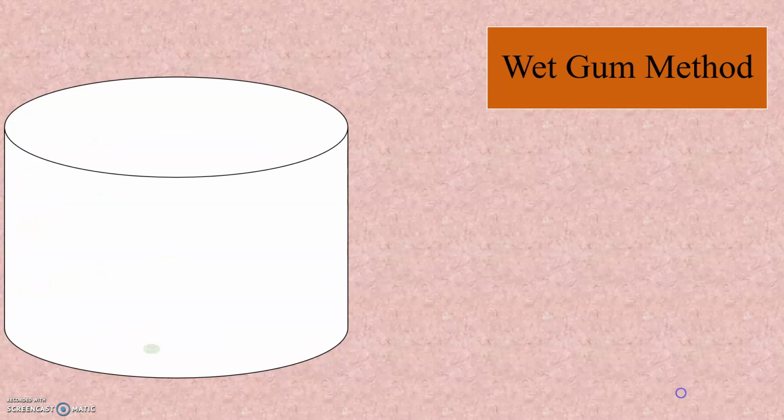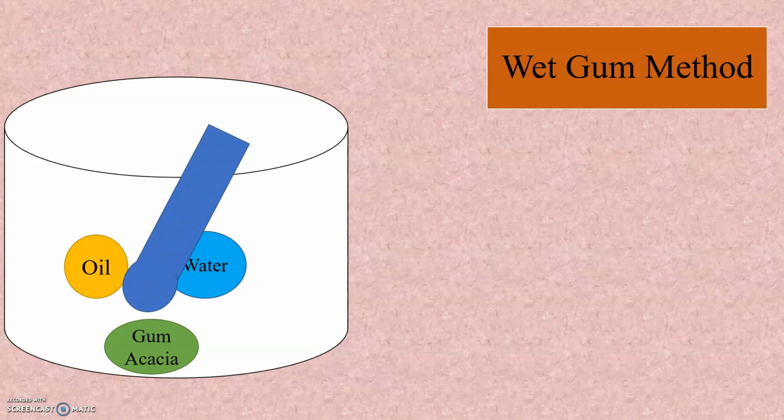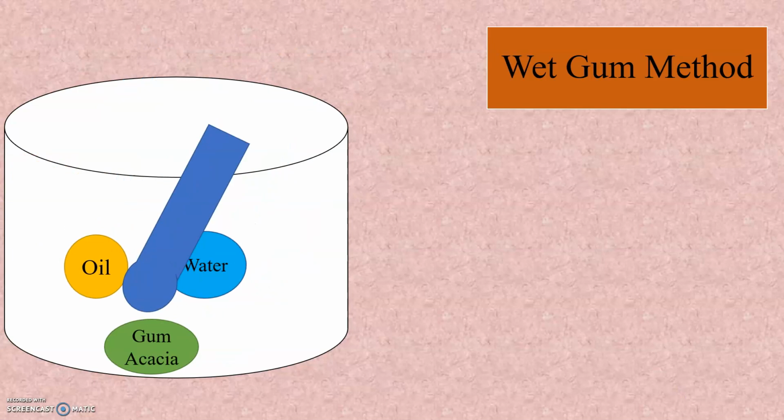Now let us see the wet gum method. As we have seen in the procedure, take a dry mortar, in that add gum acacia and water, triturate it to form a mucilage, then add oil in it, and with the help of a pestle, triturate it in a clockwise direction until a clicking sound is produced and the product becomes white or nearly white.